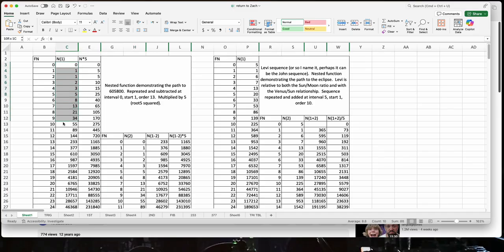instance, the Lucas sequence. So this is going to be for 605,800. So again, we found 605,800 by finding those 4 consecutive numbers. But in this particular table, we can just take our base Fibonacci sequence and multiply it by 5.